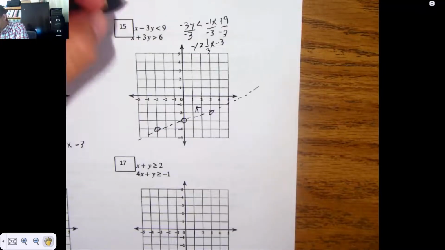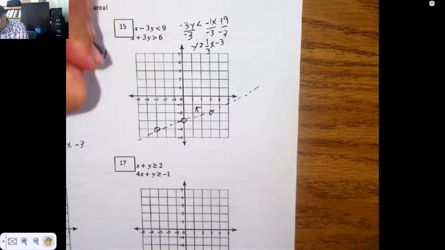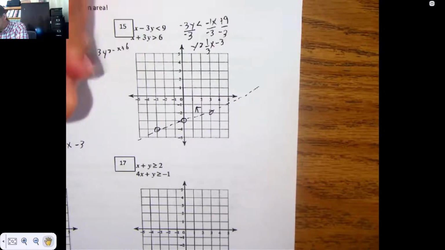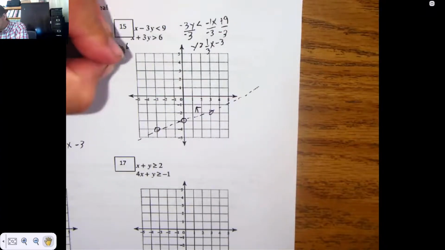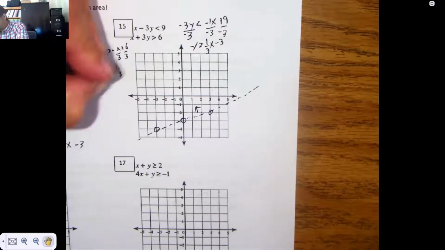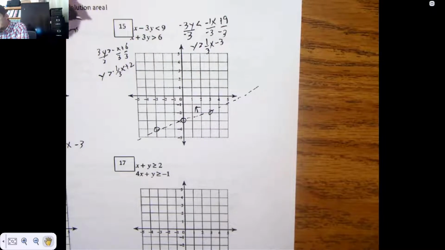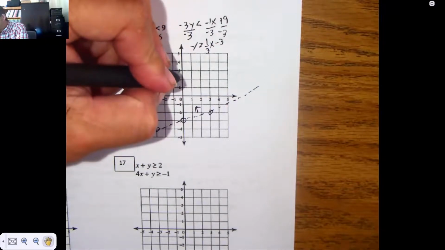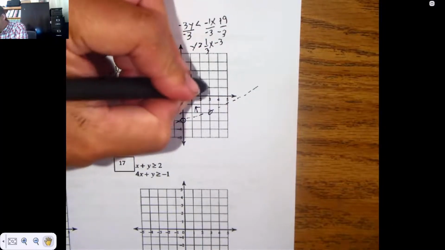All right, the other line, 3y greater than -x plus 6, divide out my 3. So y is greater than -1/3 x plus 2. And let's see here. I need to go to 2. I need to fall 1 and run 3.